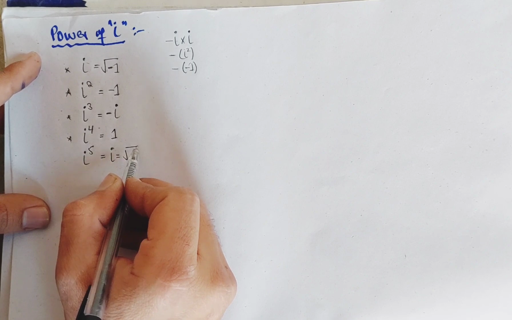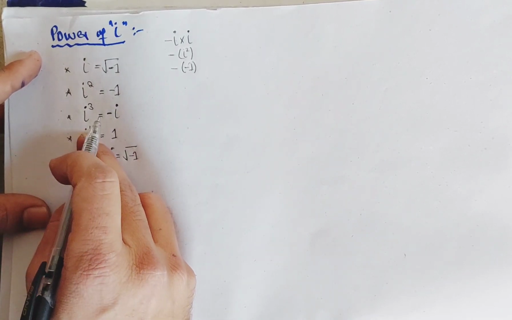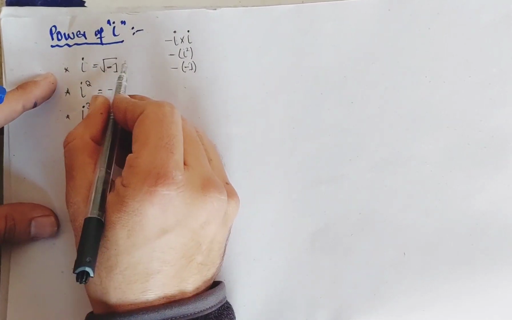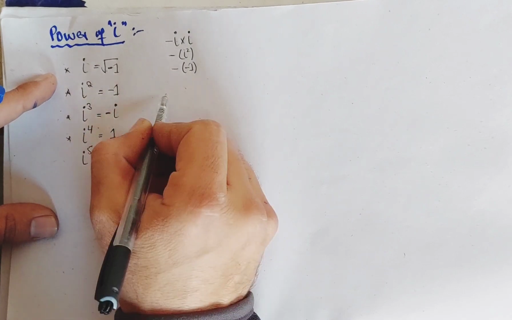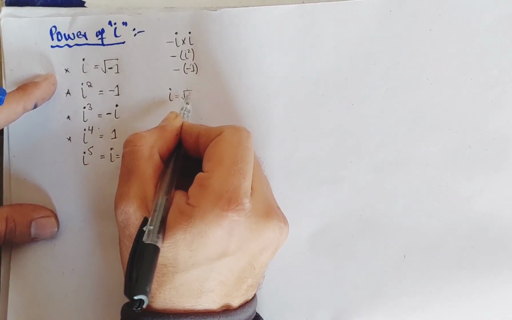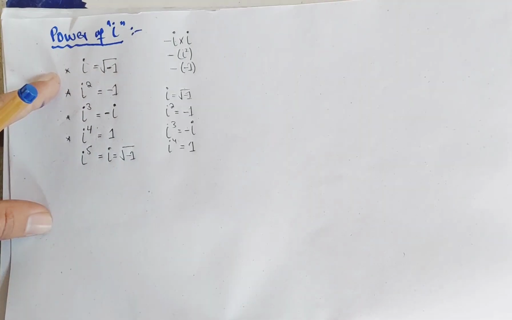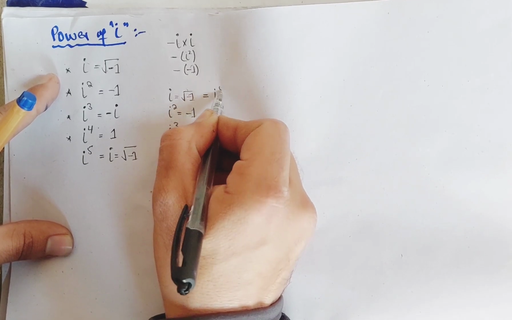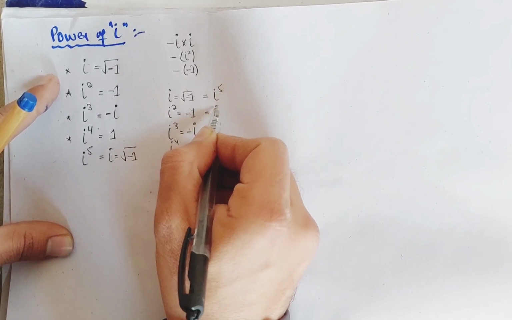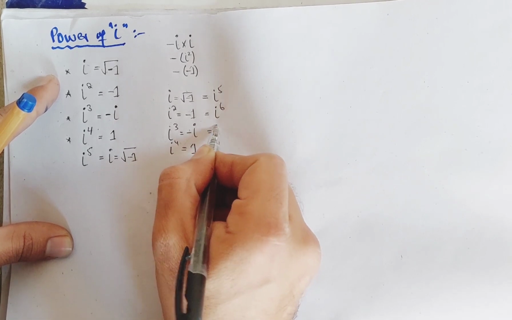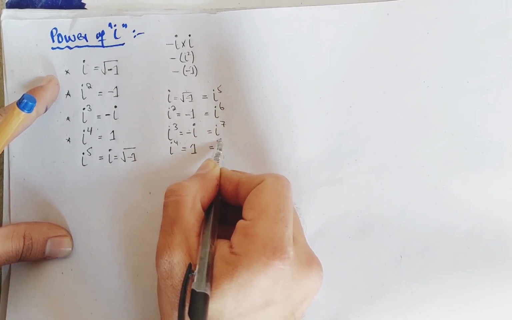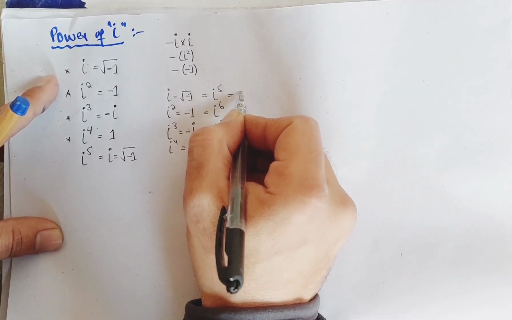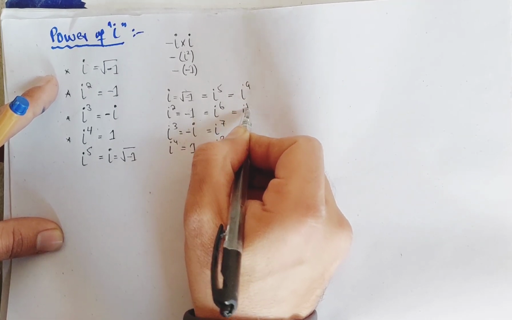So if I write iota, under root minus 1, can I write that iota and iota power 5, iota power 6, iota power 7, iota power 8, these are equal, you can say, iota power 9, iota power 10, and so on. Let's check whether iota power 8 is equal to 1 or not.